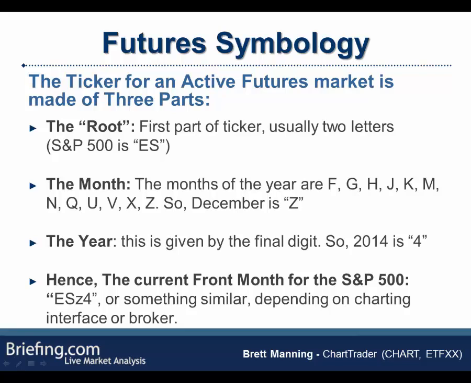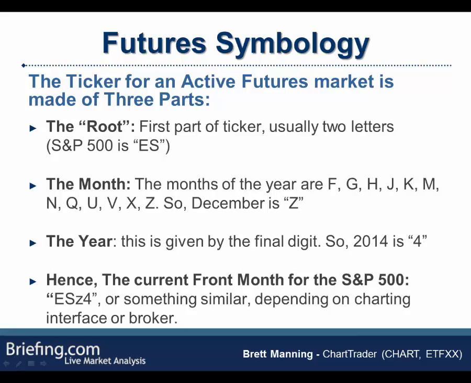And that full ticker is ESZ4, with the ES being the root of the symbol, the Z being the identifier for the month of December, which is when this contract expires, and the year being 2014, which is denoted by the number 4. Some interfaces you put in the last 2 digits of the year, so it would be ESZ14. But either way, it's good to just look at this as a market.